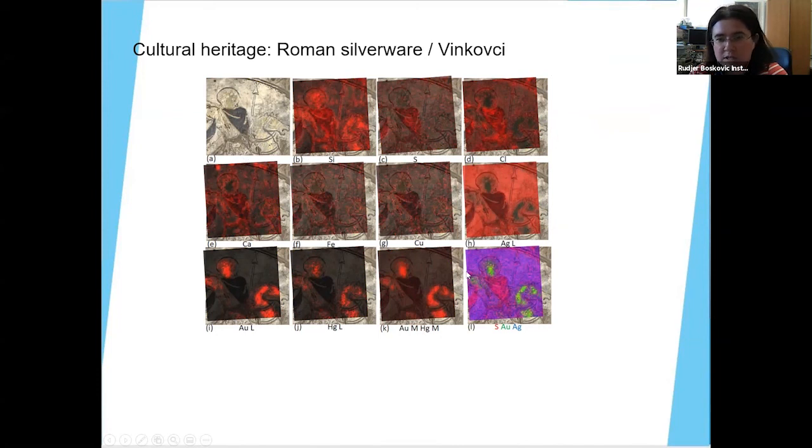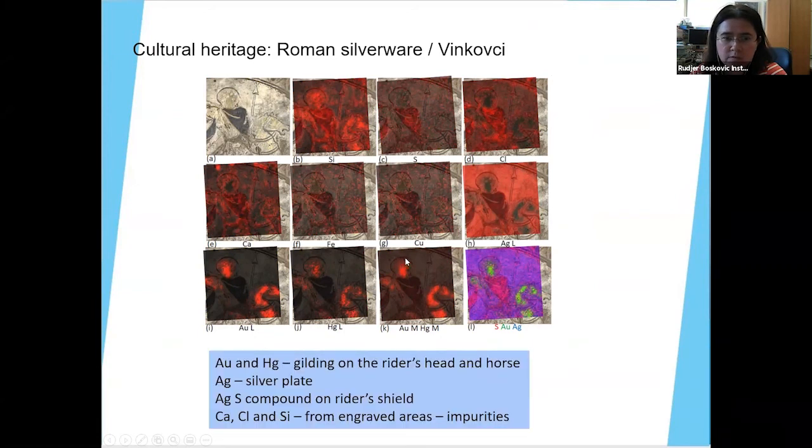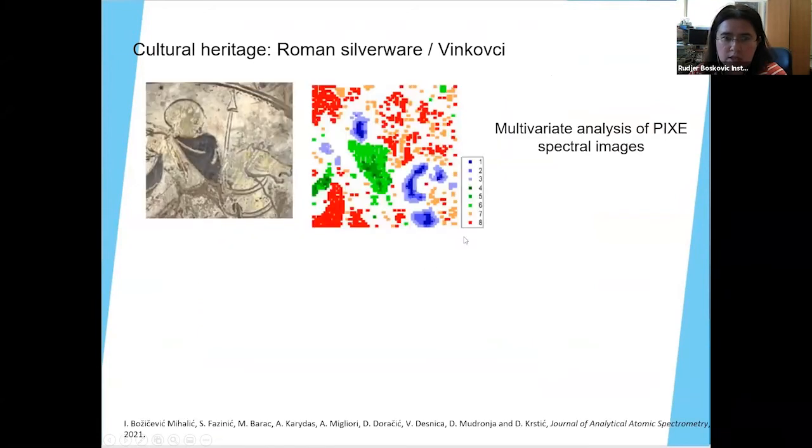And here you can, for example, see the RGB composite map, where sulfur is represented with red color, gold with green, and silver with blue. We performed multivariate analysis of these PIXE spectral images, because we wanted to determine the elemental composition and eventually find some additional information.